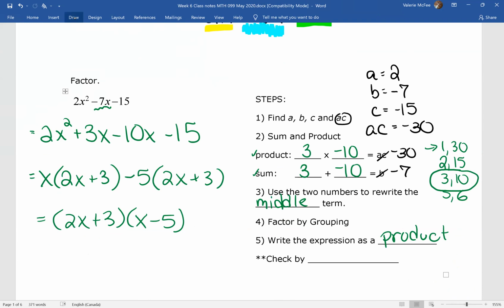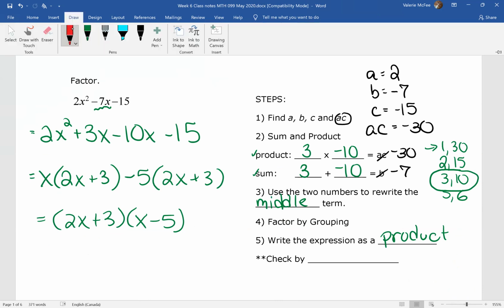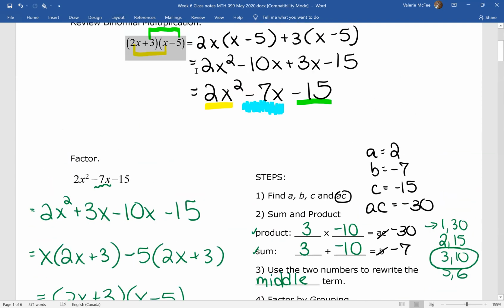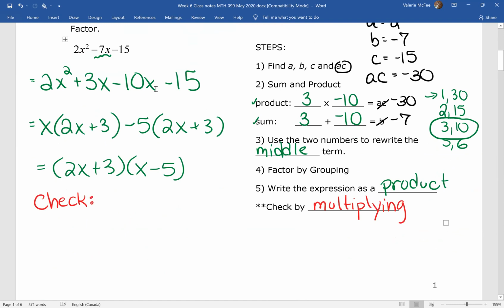And we can check our answer by multiplying. Now we've already done the multiplication for this question up here. So we know that 2x plus 3 times x minus 5 does equal 2x squared minus 7x minus 15.